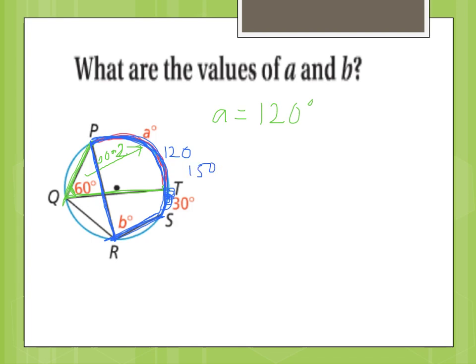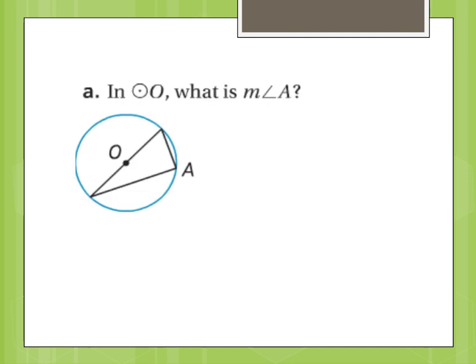Now, when I'm going from the arc to the angle, it's always going to be half the measurement. So B is going to be 150 divided by 2, or equal to 75 degrees. Again, arc is always going to be larger than the inscribed angle.